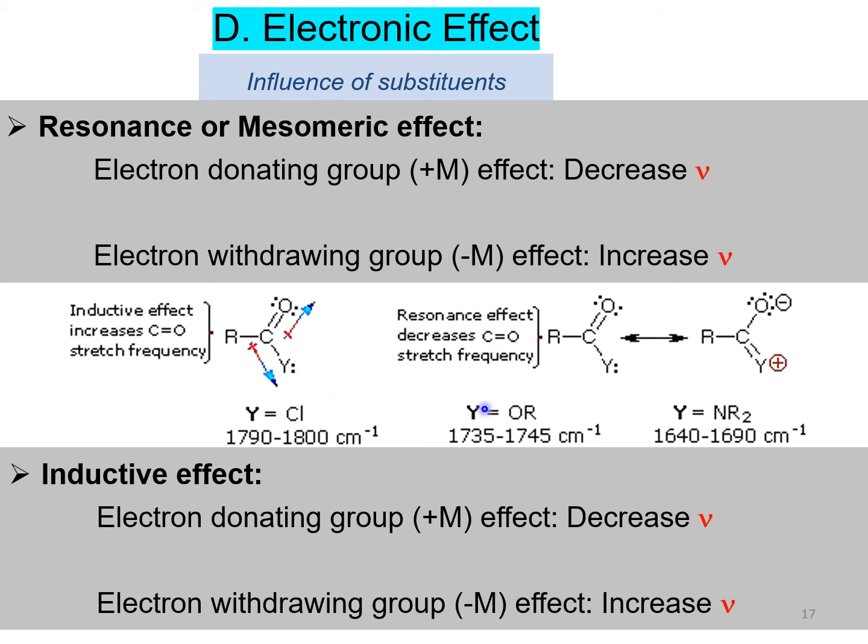Similarly, if it is an electron donating group, like an amine group or the keto group, OR or NR2, those are electron donating groups.